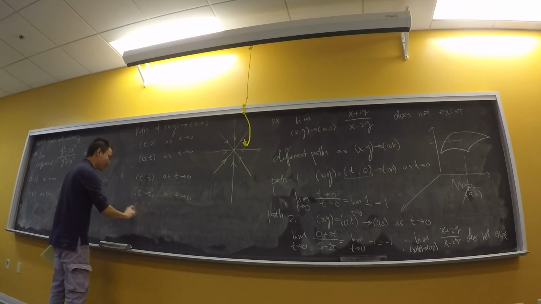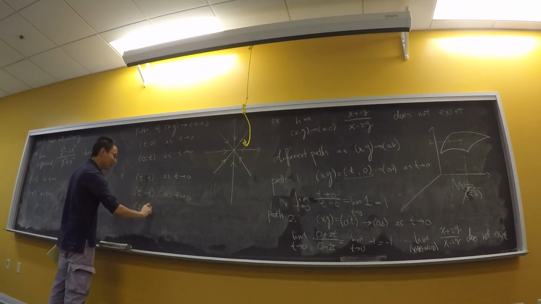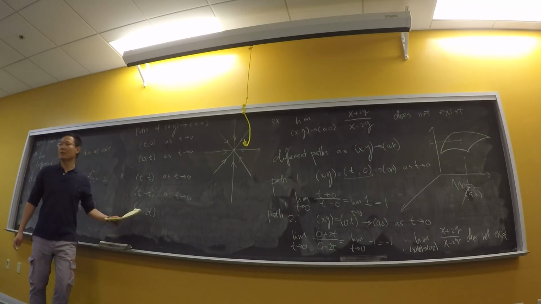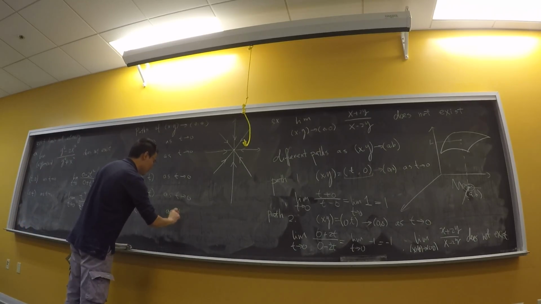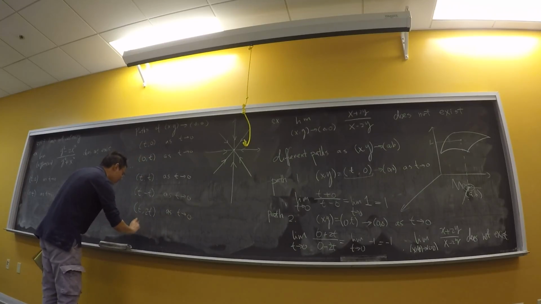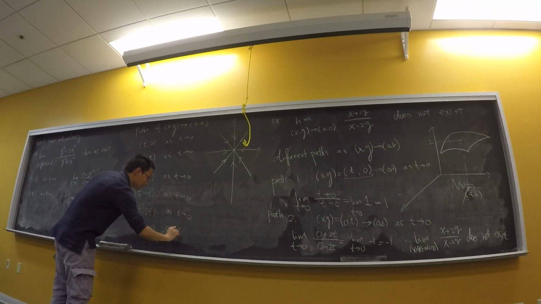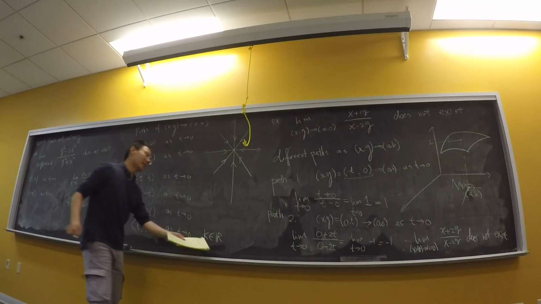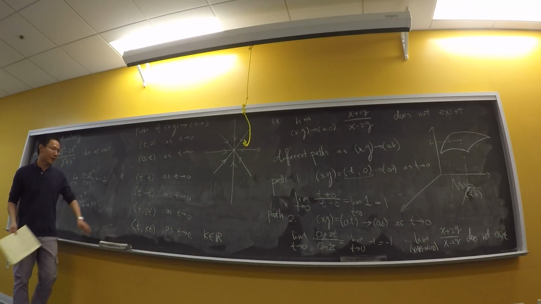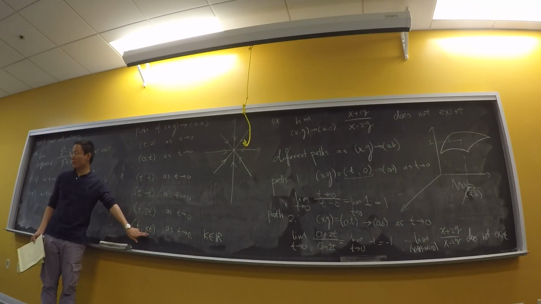Indeed, you can choose, for instance, (t, 2t). This is still a straight line with slope 2, as t goes to 0. In a more general case, you can choose (t, kt) as t goes to 0, where k here is a natural number to define your slope. So you can find any straight line converging to the origin with different slopes.